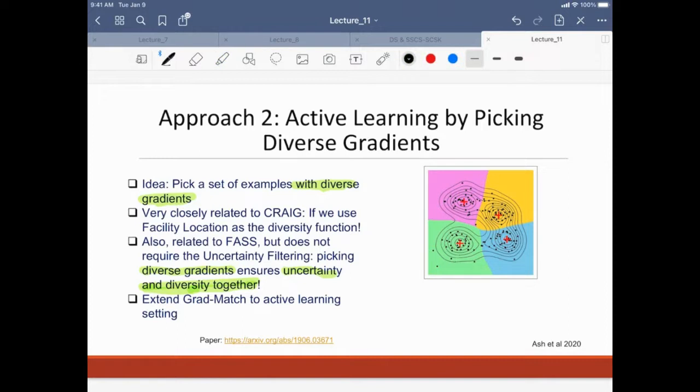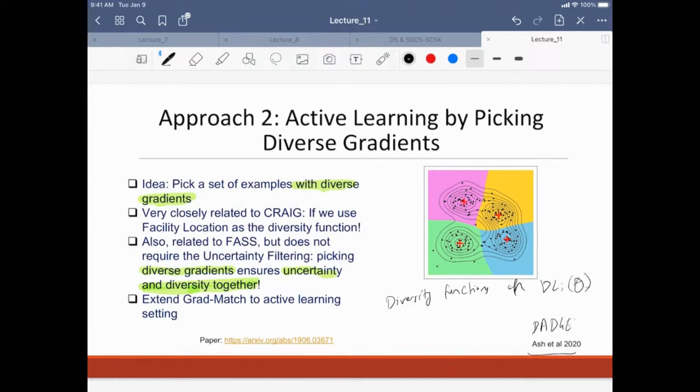So there's been some interesting work where you can define diversity functions on the gradients of the loss function at the given theta, and this is basically what the BADGE paper is.